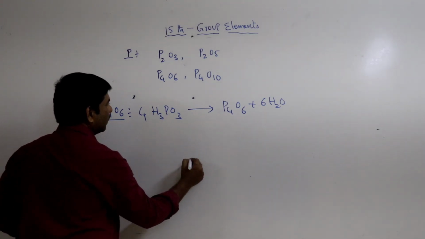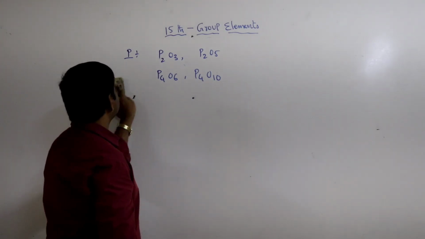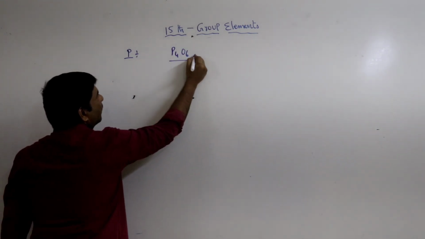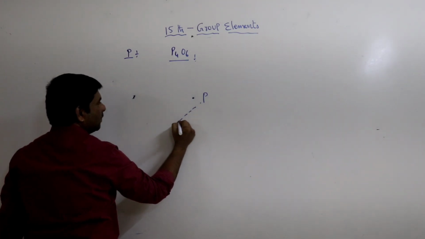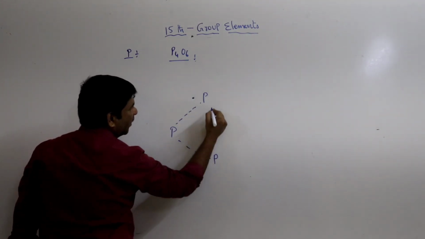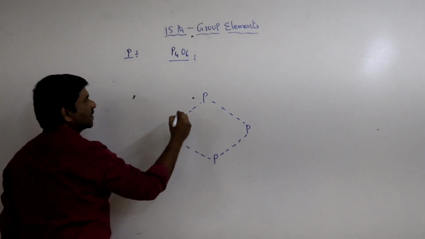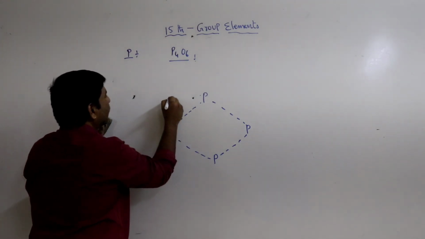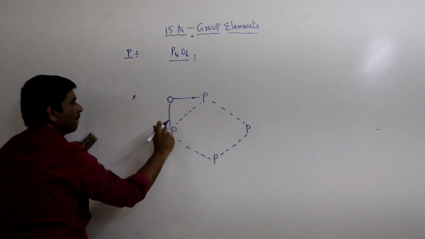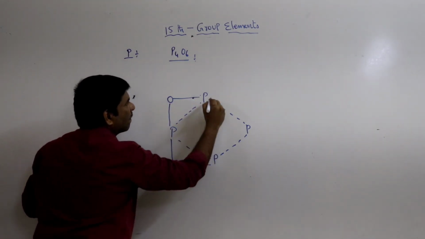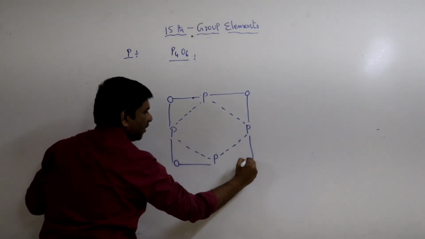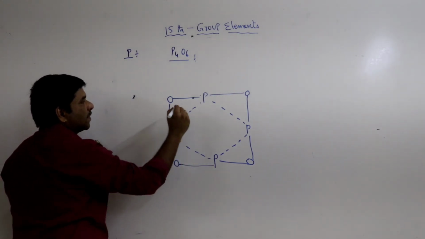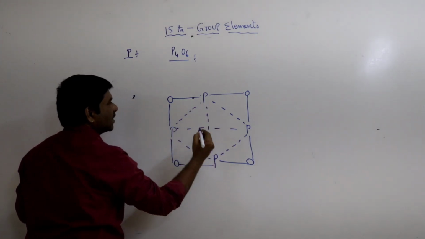Now the P4O6 structure. P4O6 is the phosphorus trioxide dimer. Phosphorus shows bonding with oxygen.